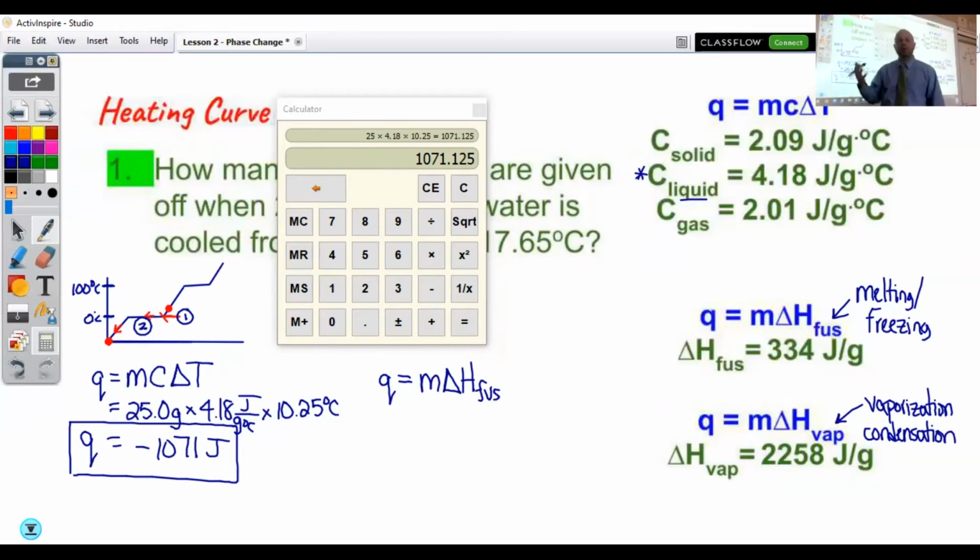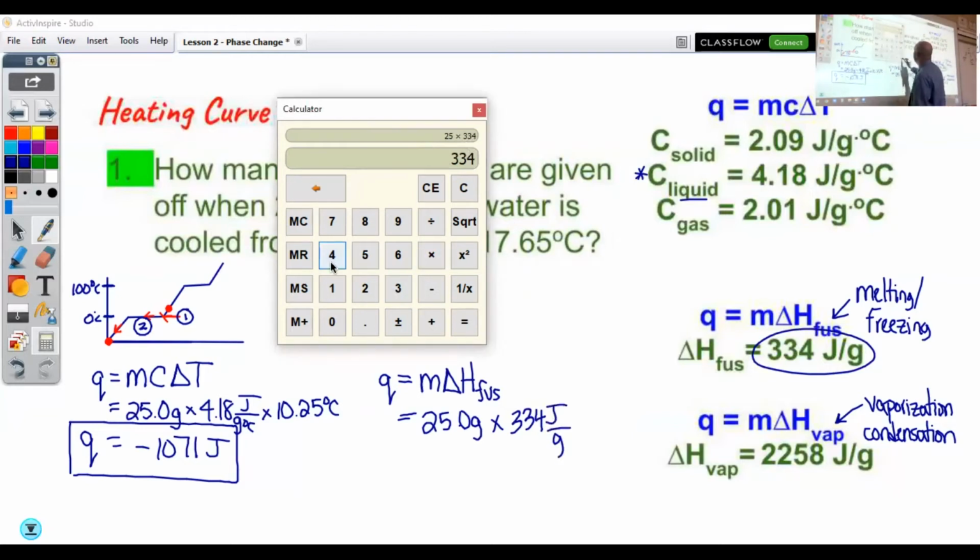That's the one that you use when you're freezing. So in this case, we're going to have 25.0 grams. The mass of water is not going to change throughout this entire problem, times our constant, which is right here, 334 joules per gram. So 25 times 334, we get an answer of negative, again, because it's freezing, it's going in this direction to the left, 8,350 joules.